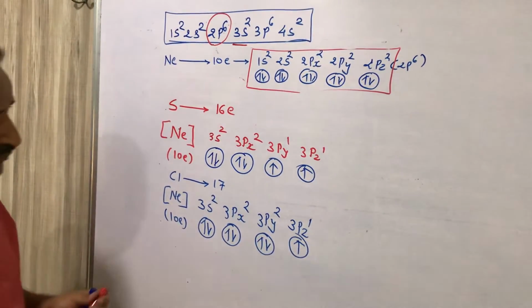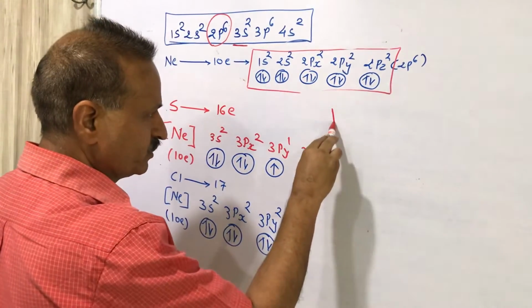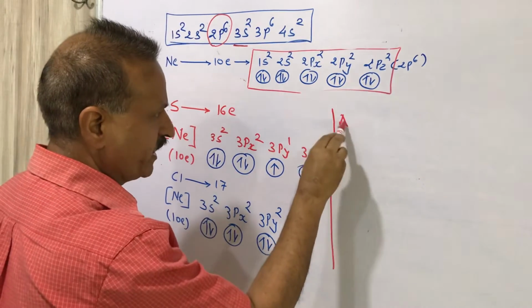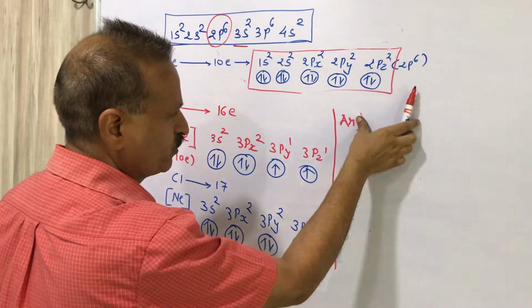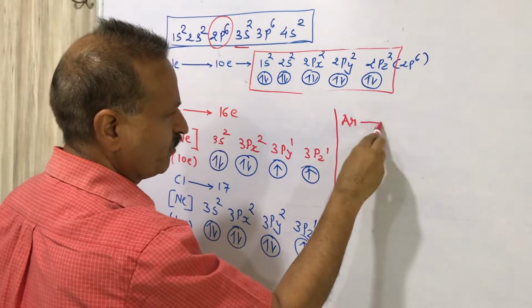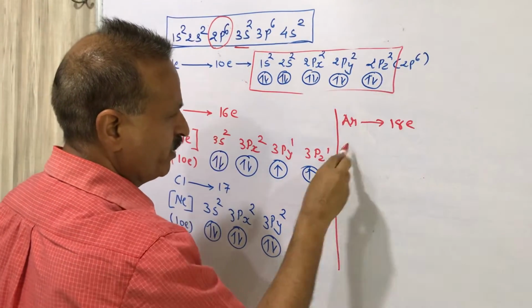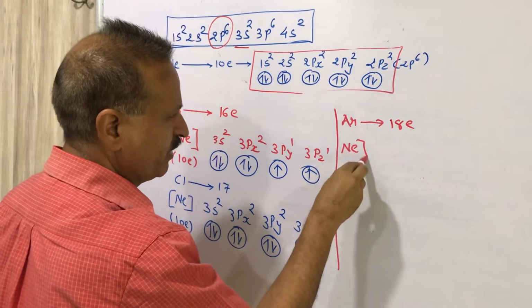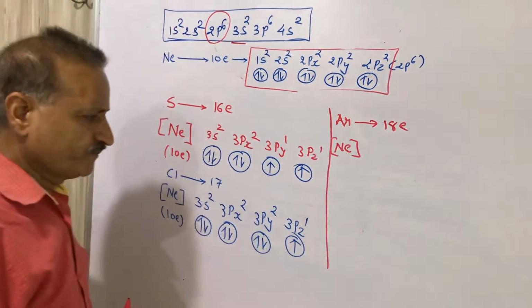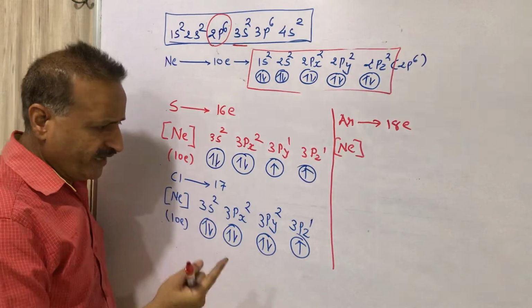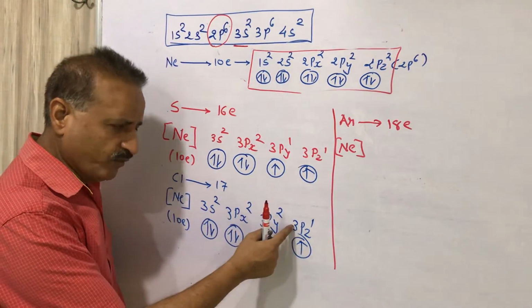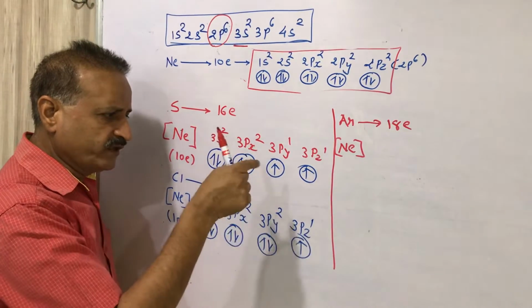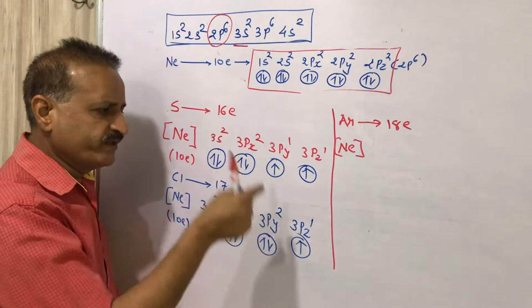Now the turn will come for argon. Argon, Ar, means 18 electrons. We have to fill 18 electrons. So we are writing neon over here, which means we have filled 10 electrons. So the remaining 8 electrons: 3s2, 3px2, 3py2 and now the 18th electron will be filled in 3pz, so it will become 3pz2.